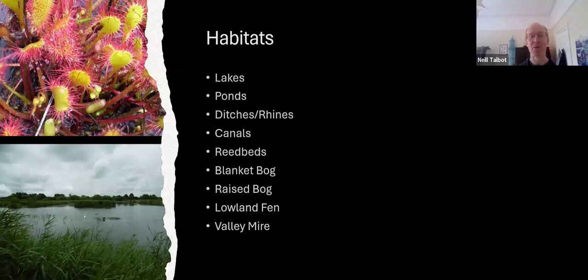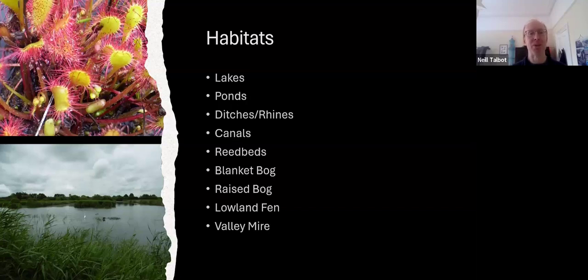So the species we're going to look at, we're not going to be looking at the species of bog, fen and mire today, really. We're prioritising because we've only got a short amount of time, looking at the first few habitats, and I'm not going to be covering running water, though I might mention it occasionally.